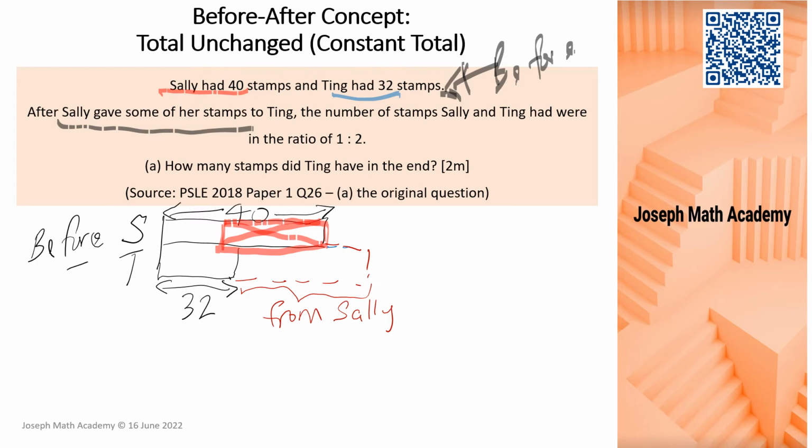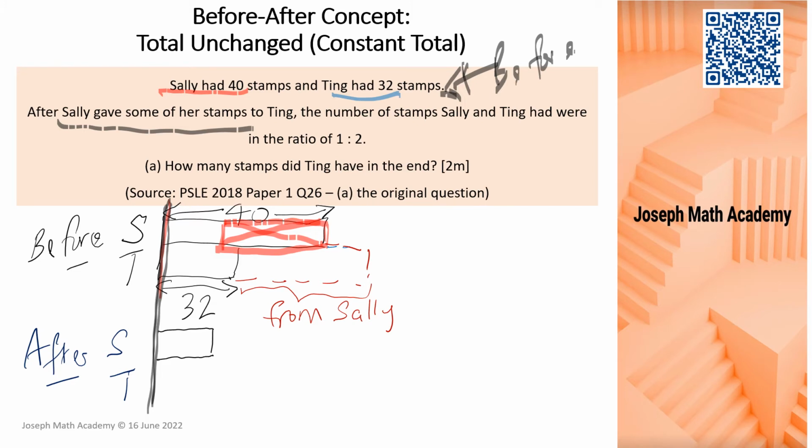Now from here, I'm going to draw the after model for a clearer illustration. To draw the after model, it's always very important to have the same starting line. Let me change the color. Same starting line. Sally's model after ends here.